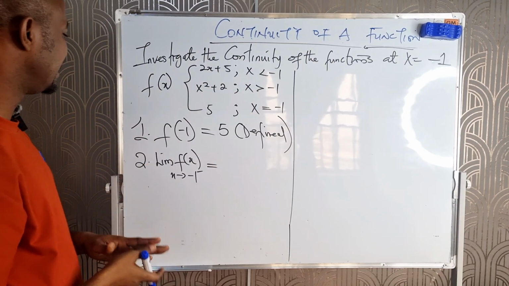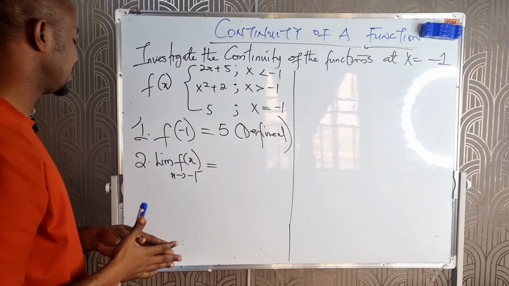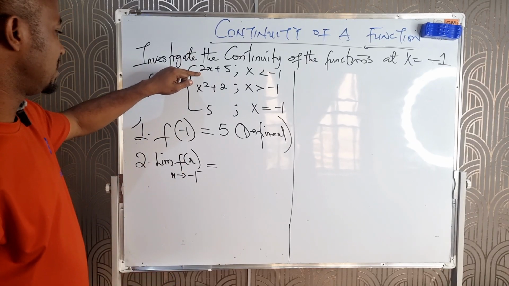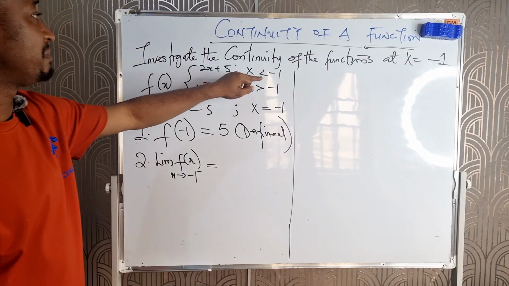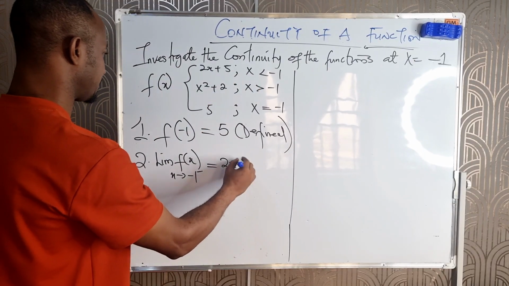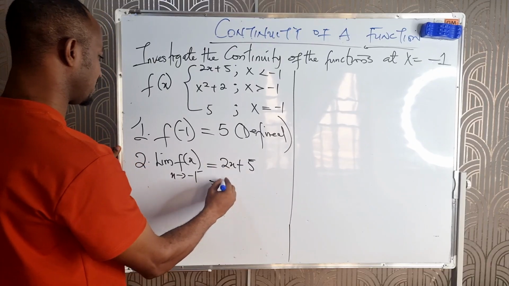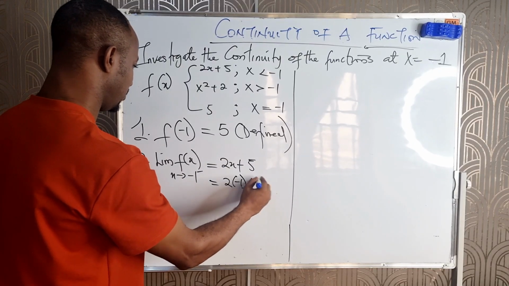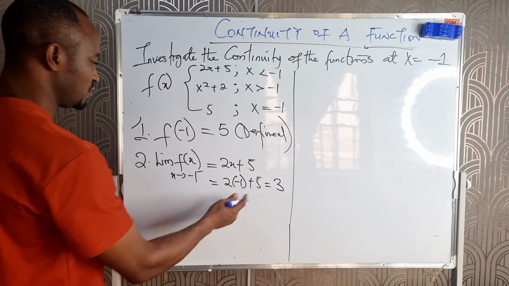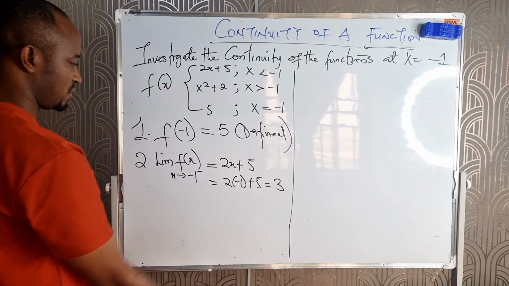So to find the limit on the left-hand side, I have to choose this one because left-hand side means less than. So we choose 2x plus 5. And that will give us 2 times -1 plus 5. 2 times -1 is -2, plus 5, which equals 3.